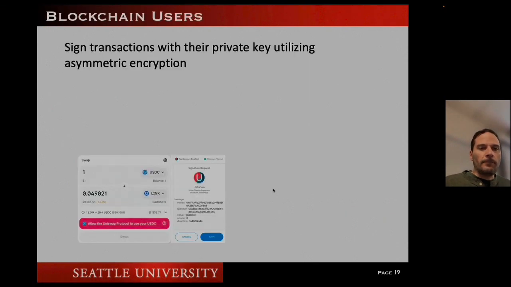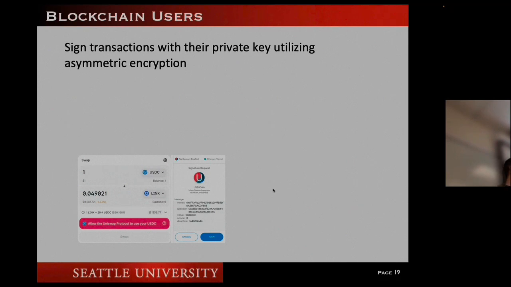Okay, and then you need essentially transactions that are signed with a private key of the users using asymmetric encryption. And we demonstrated that last Tuesday when I did a swap, right?